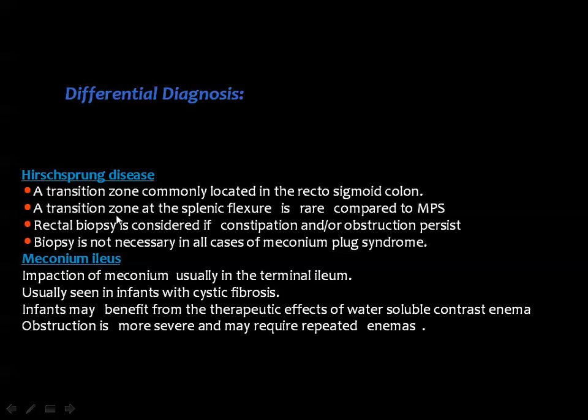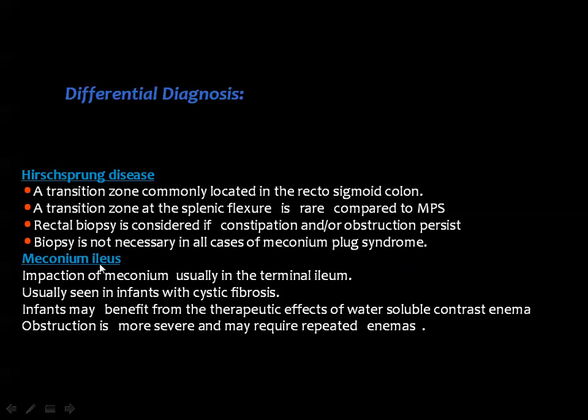A transition zone at the splenic flexure is rare compared to meconium plug syndrome. Rectal biopsy is considered if constipation and/or obstruction persist in order to differentiate between both. Biopsy is not necessary in all cases of meconium plug syndrome.